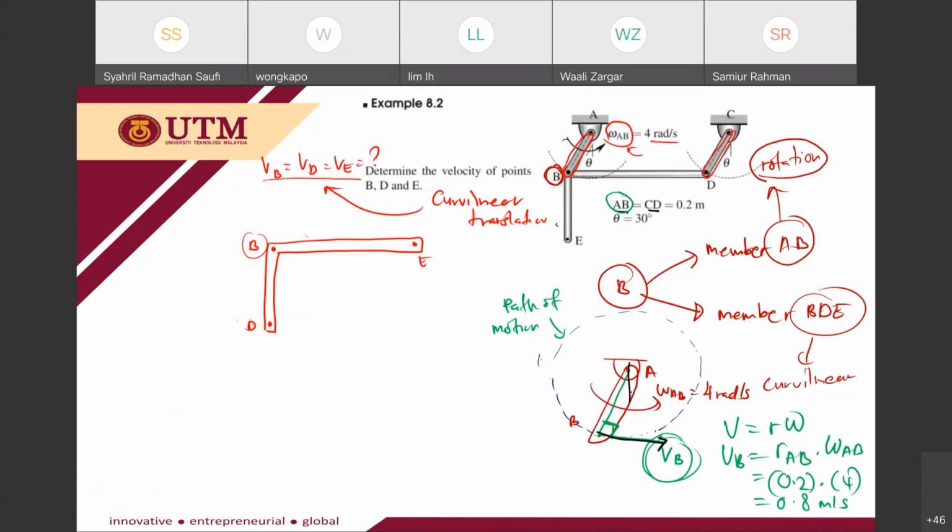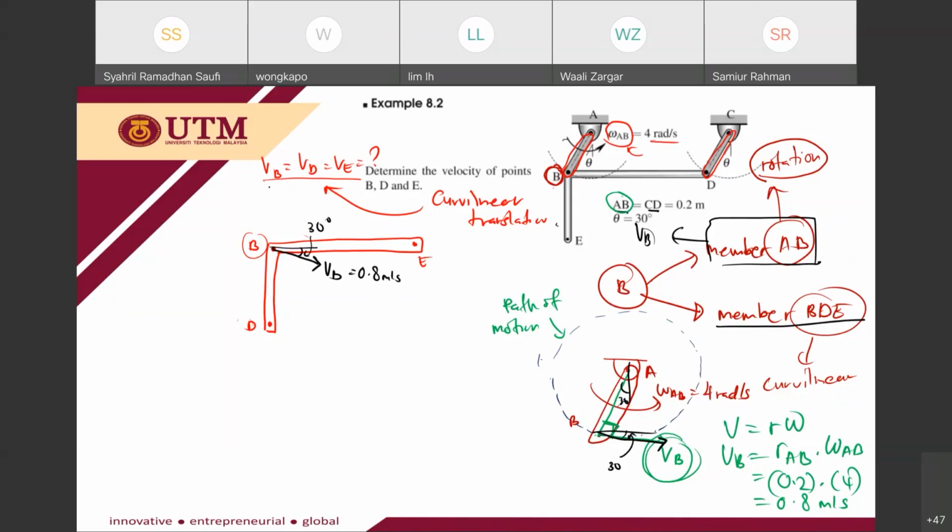Provided here is the angle. The angle here is 30 degrees. So from member AB, I can get VB, and point B is also located on member BDE. So this is your VB, at 30 degrees with a value of 0.8 meter per second.